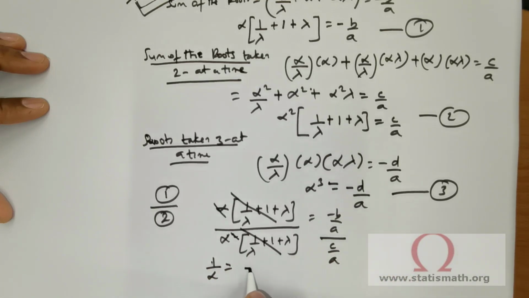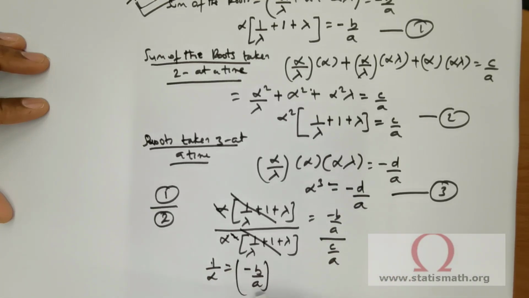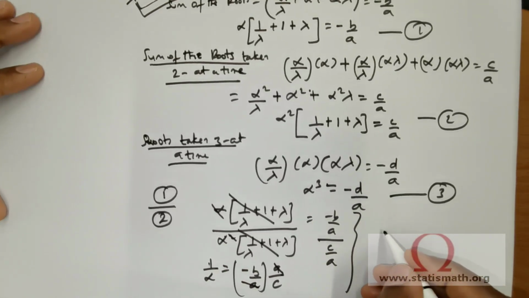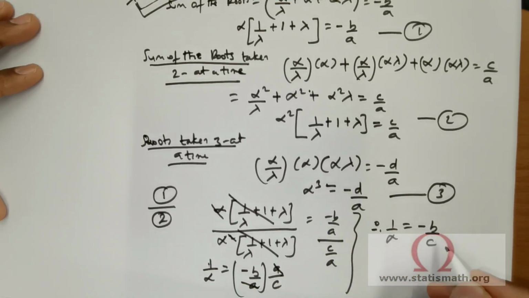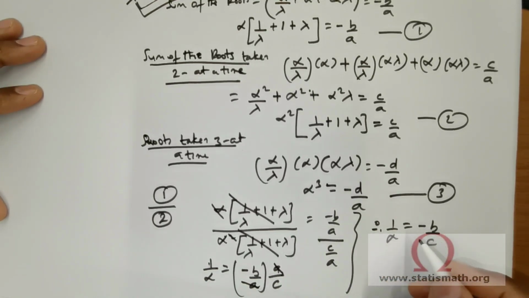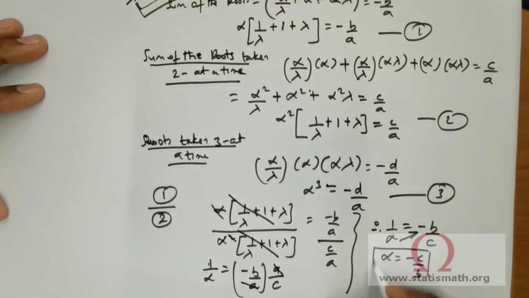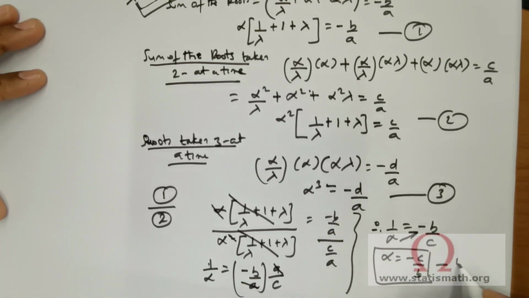If I flip negative b over a, it's going to be a over c. So a gets cancelled, and we have 1 over alpha is negative b over c. I can move this alpha to this side, so alpha will be equal to negative c over b. So this is 4.